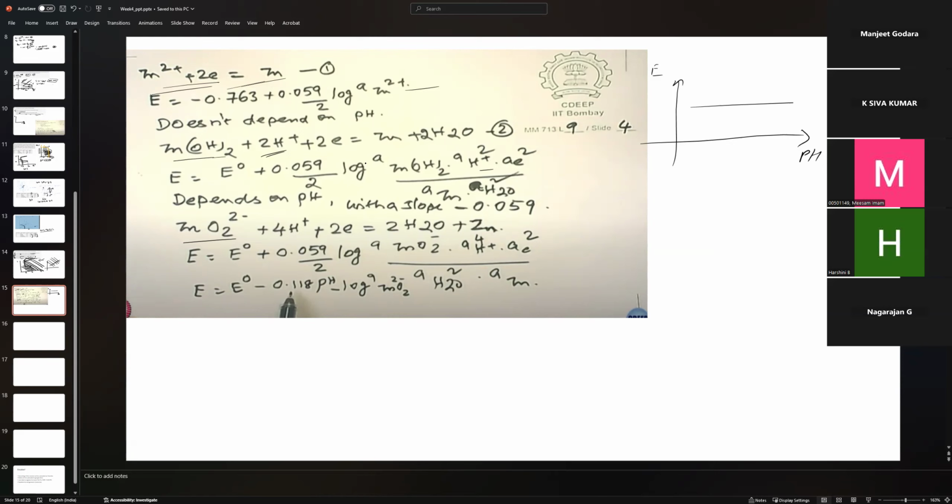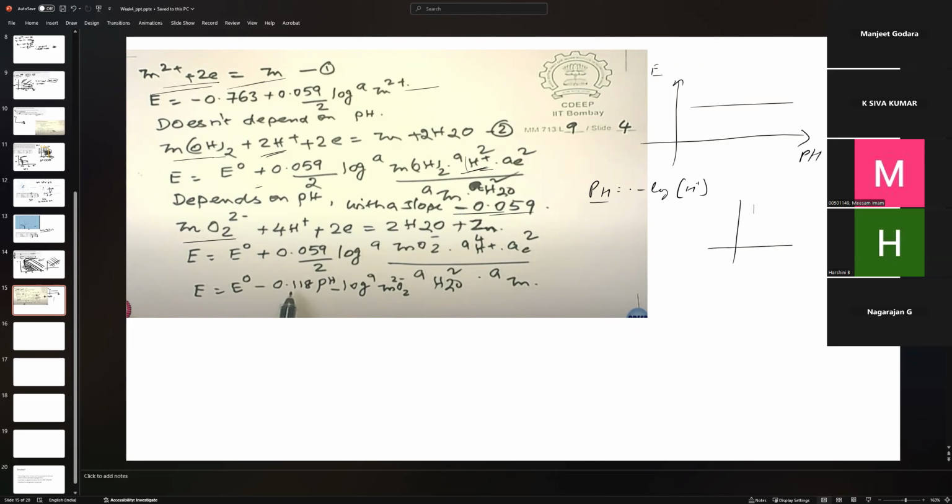So pH is minus log of the H+ concentration, and if you define it as pH, then you'll get a minus sign there. So that's why it has a negative slope. Okay.